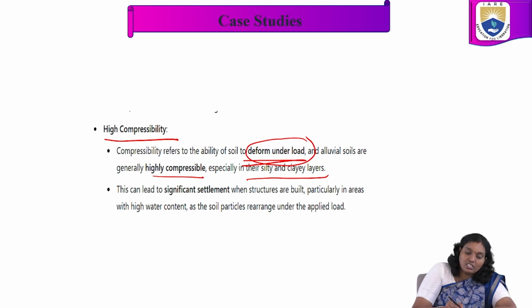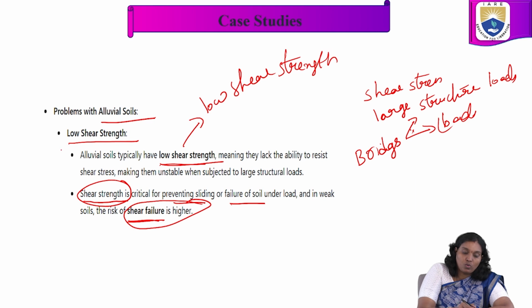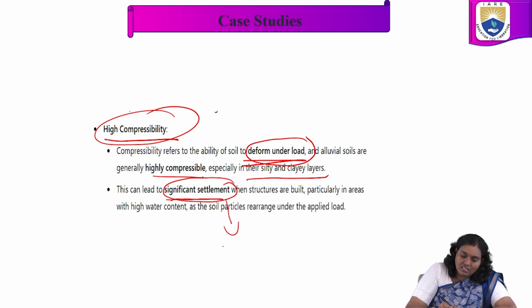This can lead to significant settlement. Because of the low shear strength, the shear failure is higher. Because of the high compressibility, significant settlement occurs, whether total settlement or differential settlement.